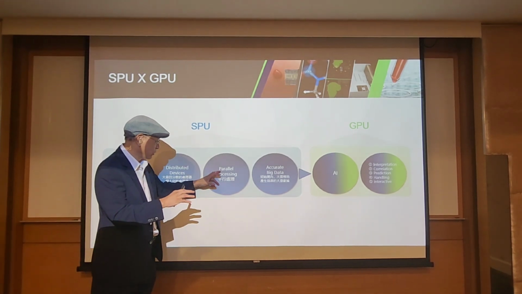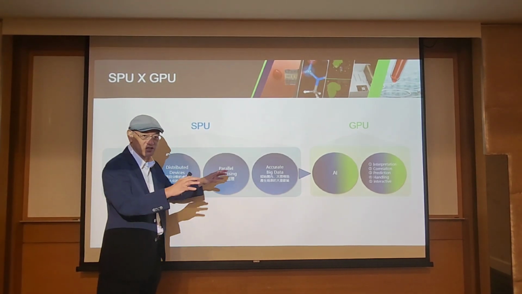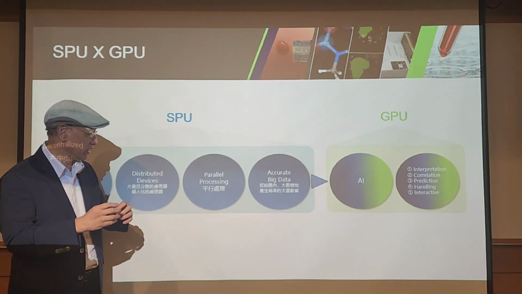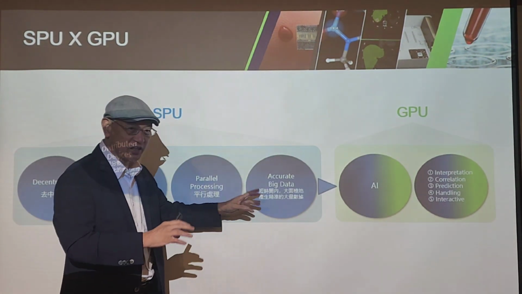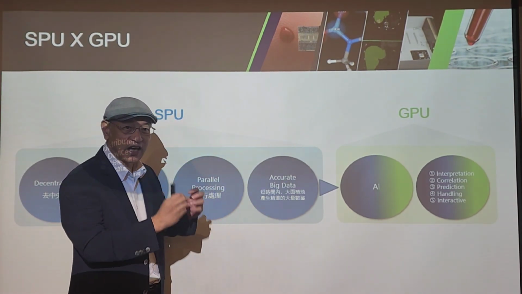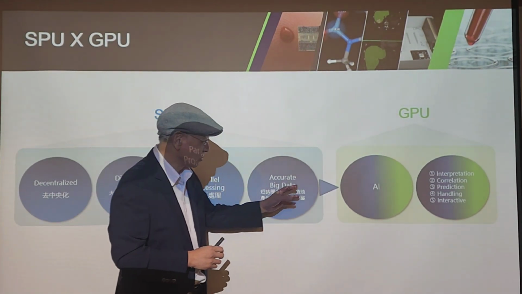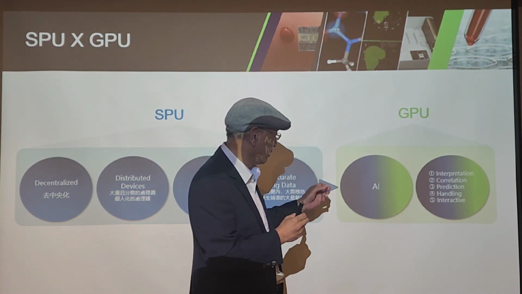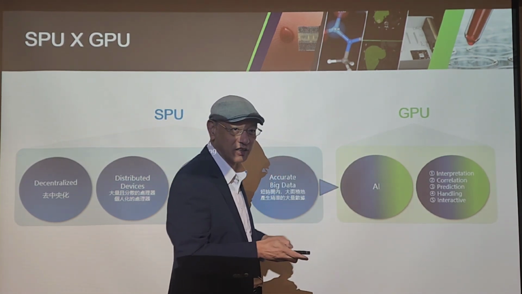So we sort of do parallel processing of acquiring massive healthcare data, and within a very short time we can collect all this accurate big data. So the AI here will play a key role in interpreting this data.